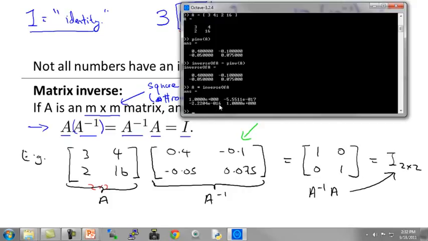So up to numerical precision, up to a little bit of round-off error that my computer had in multiplying these two matrices, these off-diagonal numbers are essentially 0. And so A times the inverse is essentially the identity matrix. I can also verify that inverse of A times A is equal to the identity, with ones on the diagonals and values that are essentially 0 except for a little bit of round-off error on the off diagonals.